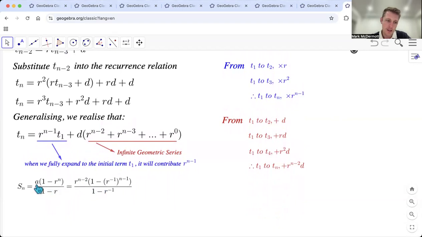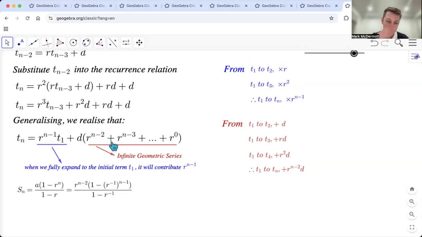So you take this and substitute in the relevant things. A is the first term. The first term is actually R to the n minus 2, as you can see here. Then you're multiplying by 1 minus R to the n. But the common ratio is R to the negative 1. I want to explain that: if we take this and divide by this, you would get R to the negative 1.